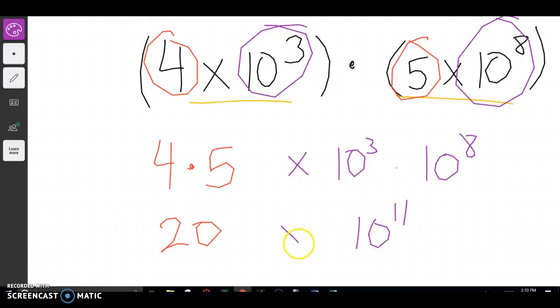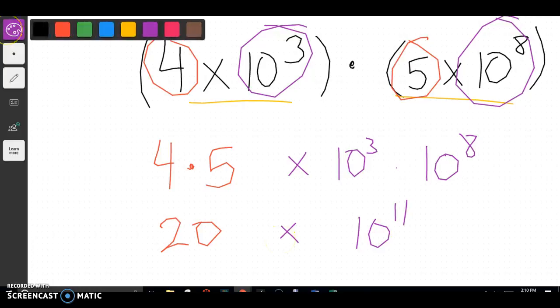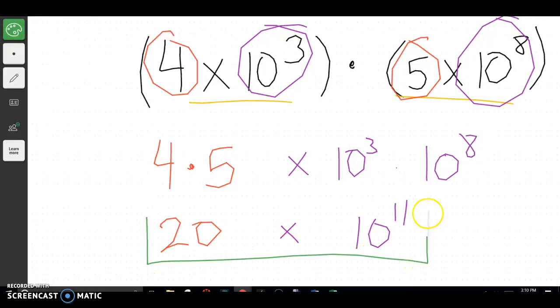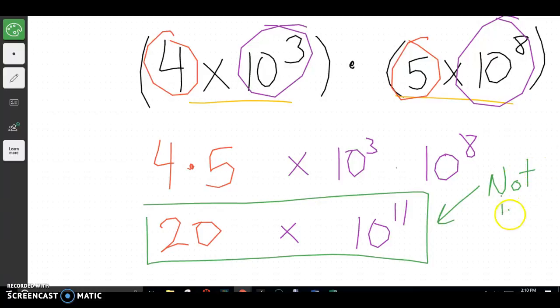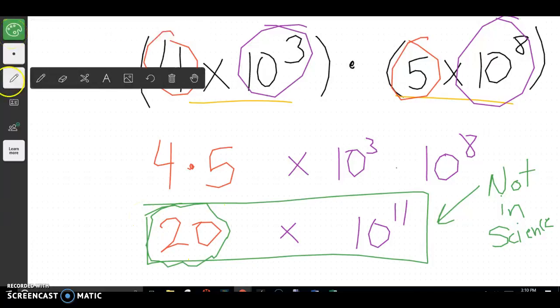Now, here's the issue a lot of students will run into. They will leave this as their final answer. And that is not good, because this is not in scientific notation. That 20 is not where we want it to be.